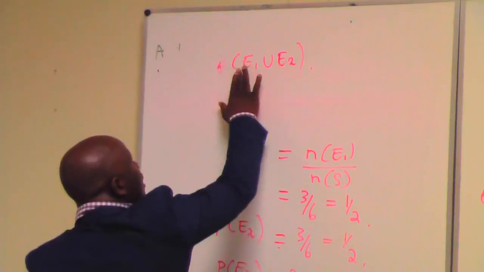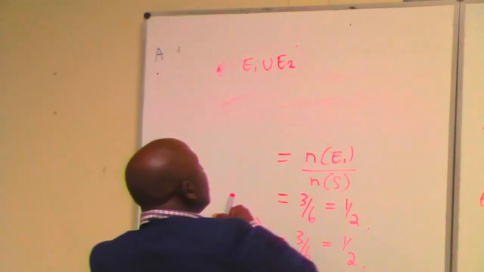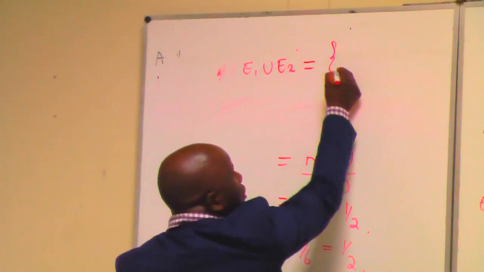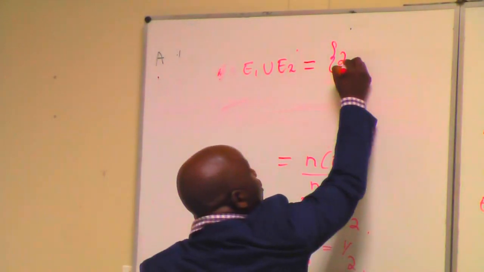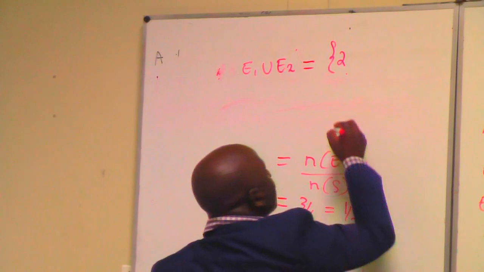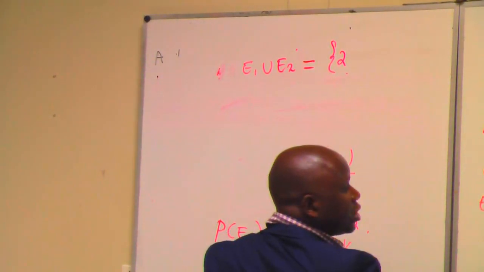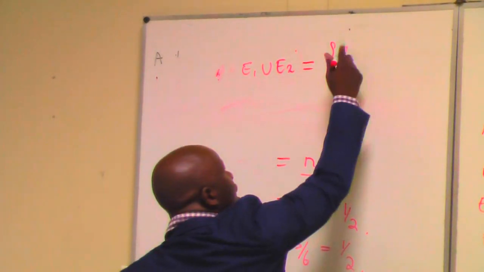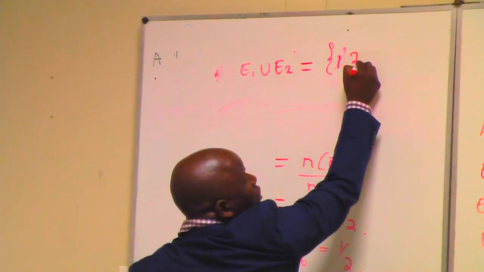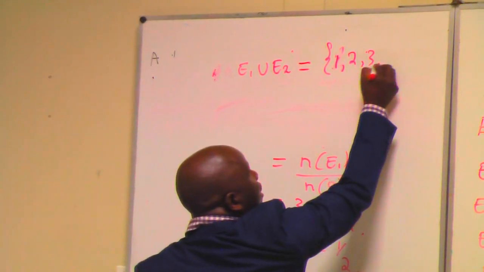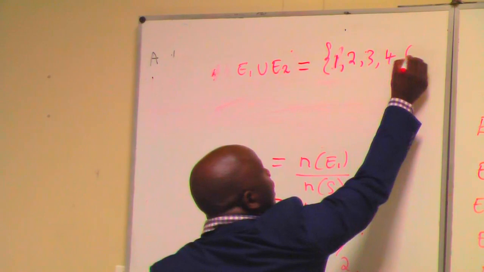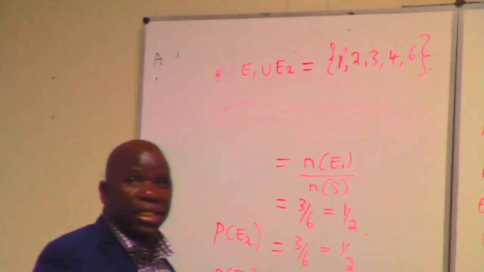Let me give you the set E1 union E2. E1 union E2 will be equal to 2, but we don't list 2 twice. So let me start with 1 actually. 1, 2, 3, 4, and 6. So 2 is not listed twice.